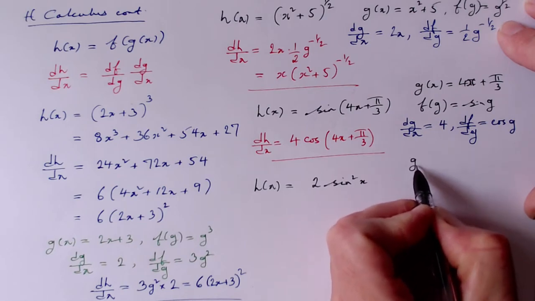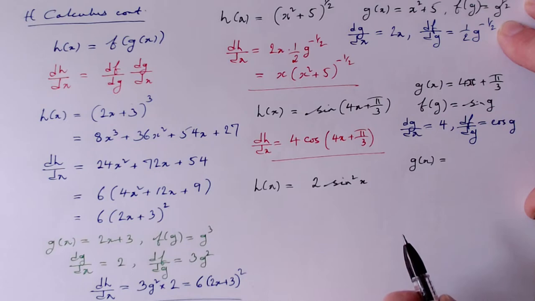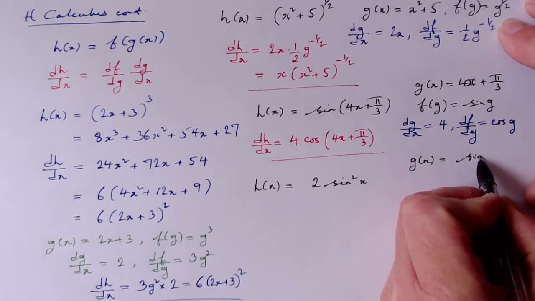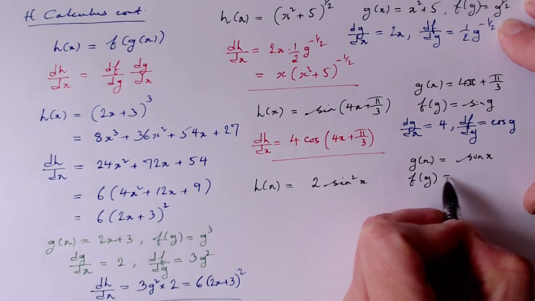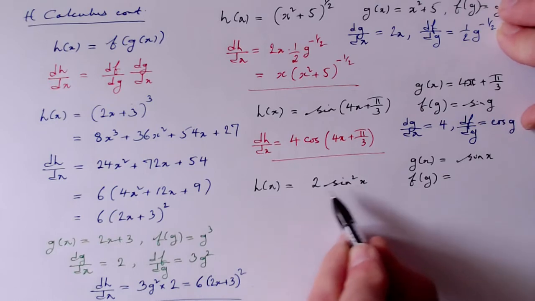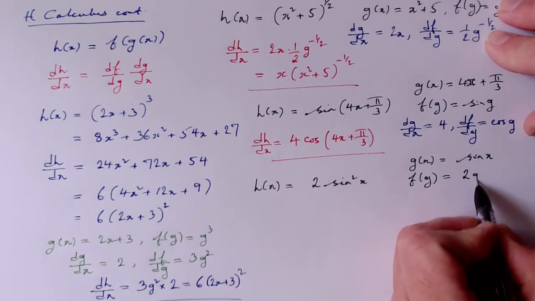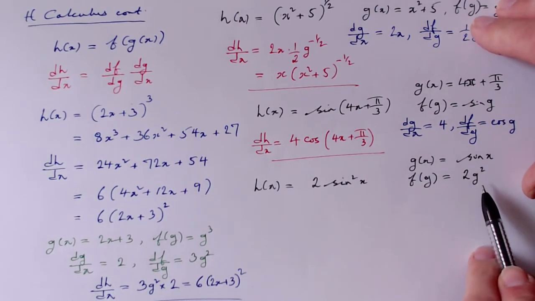So you do have to sometimes just pause for a moment to think, what are the inner and outer functions? The inner function here is actually sine x, and the outer function is squaring that and multiplying by 2.